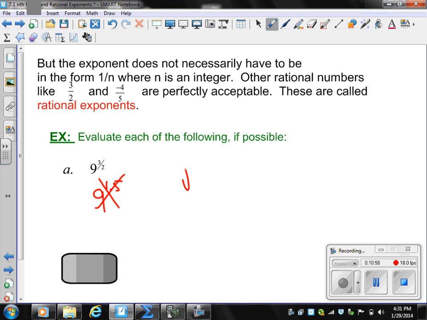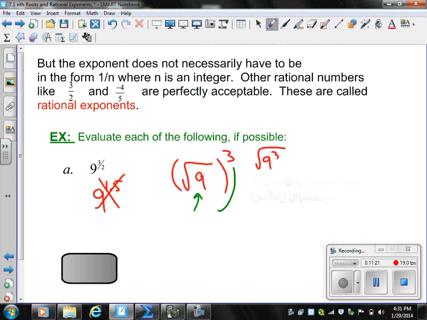So my question for you folks is this. Do you know what the square root of 9 is? Well, hopefully you do. Can you take that number and then cube it? Hopefully you can. This first method that I'm showing you is probably the preferred method of doing this. Do you know what 9 cubed is? I certainly don't. You might.